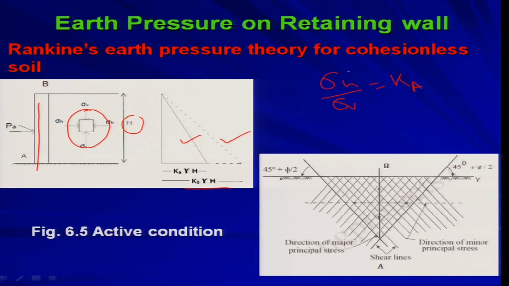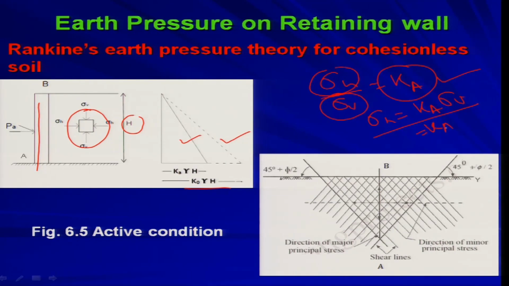Once you know Ka, if you know sigma v, you can find out sigma h, which is the lateral earth pressure at active condition. So, sigma h is nothing but Ka into sigma v, which can further be written as Ka into gamma z.